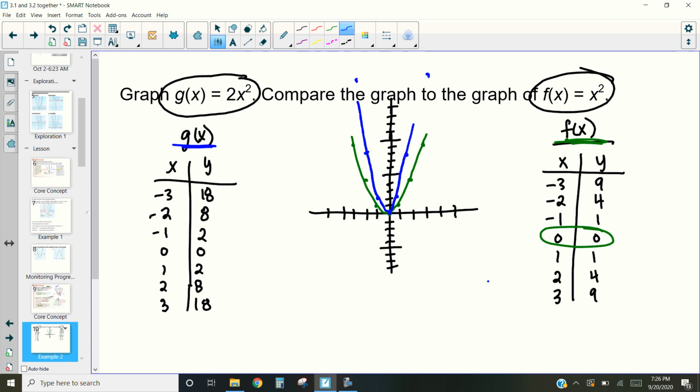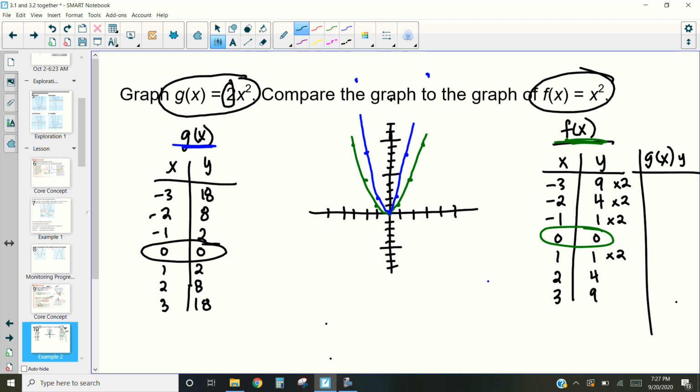So you can see that what happened here, our pattern that we observe between our g of x and our f of x is they have the same vertex. But what happens is by multiplying by 2 here, it still opens up just like we saw before, but each of our values is multiplied by 2 in our original function to get us to our g of x y value.